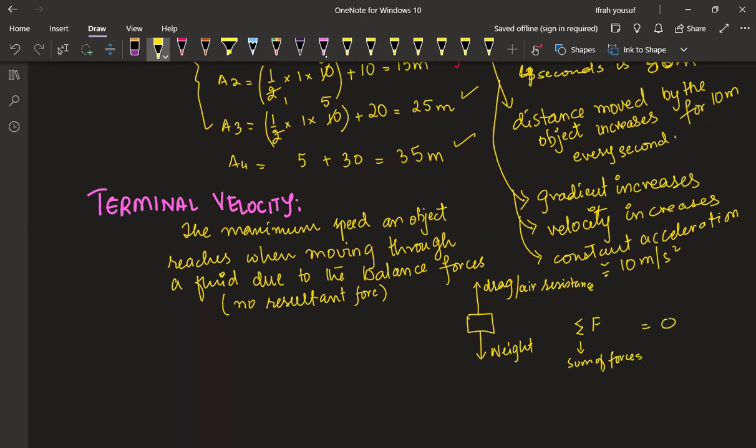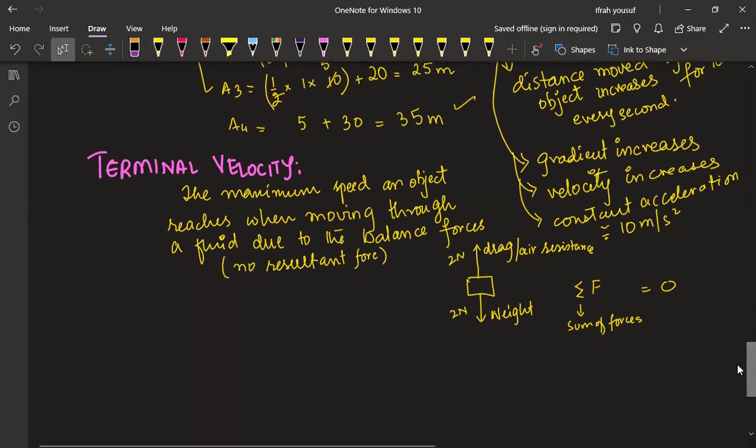That means if it is 2 Newton, and it is also 2 Newton, then if I take the sum, 2 Newton minus 2 Newton gives us 0. Is this clear? All right. So drag and air resistance, you can use any word over here.